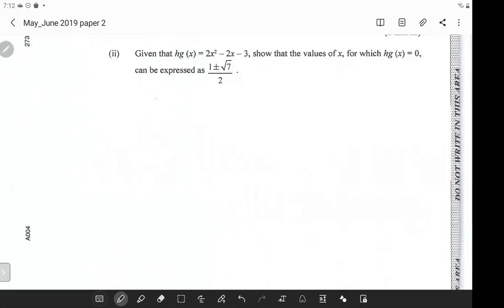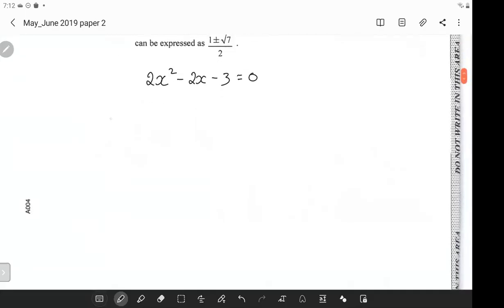So we have to check that 2x squared minus 2x minus 3, if that is equal to 0, we could use our quadratic formula. Recall the quadratic formula: x is equal to minus b plus or minus the square root of b squared minus 4ac, all divided by 2a.